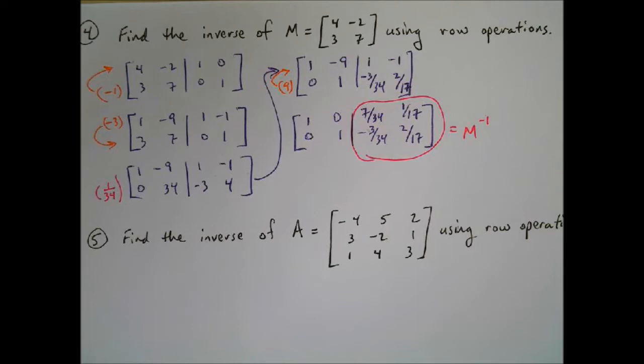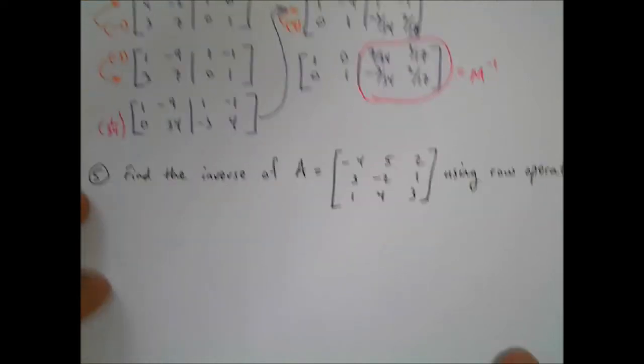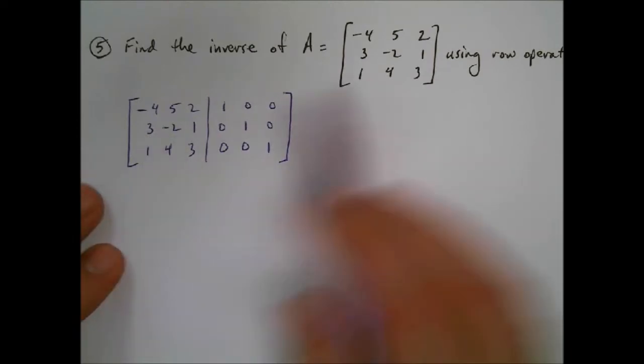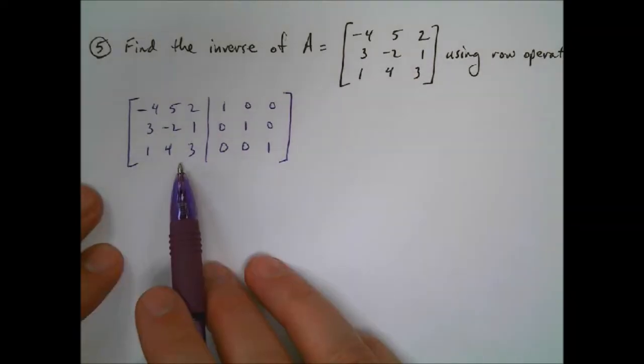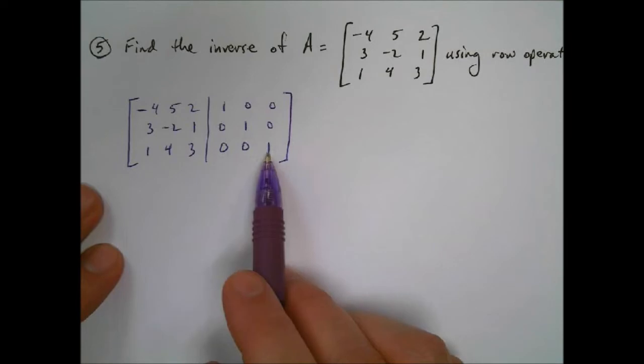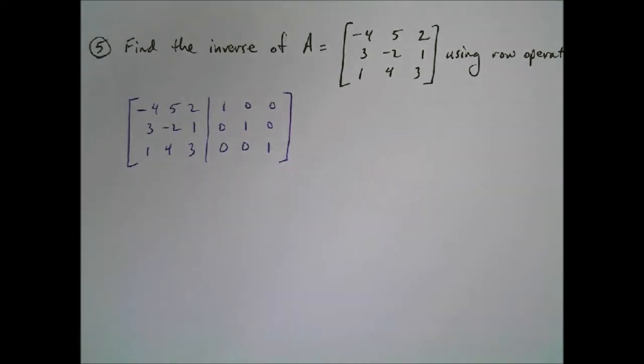Okay, now all of this has been building up to doing a 3 by 3. And so I've got it all set up. Double check to make sure you wrote the matrix down correctly, and also the identity matrix correctly as well over there. Now there is one more thing that we can do that I did not tell you about when we were doing the 2 by 2s, and I'm going to go ahead and tell you about it right now.